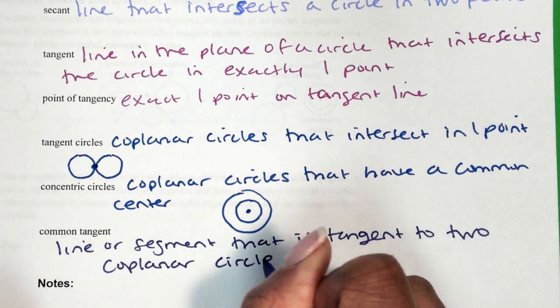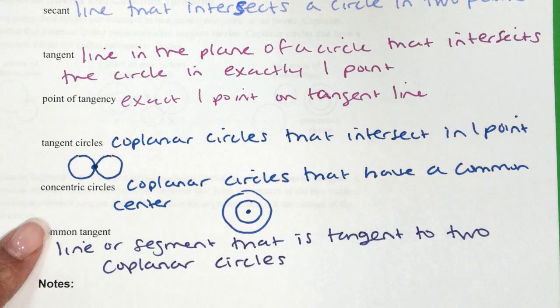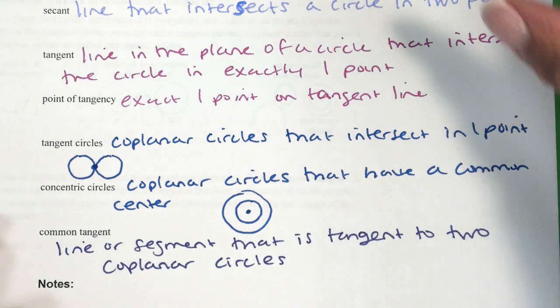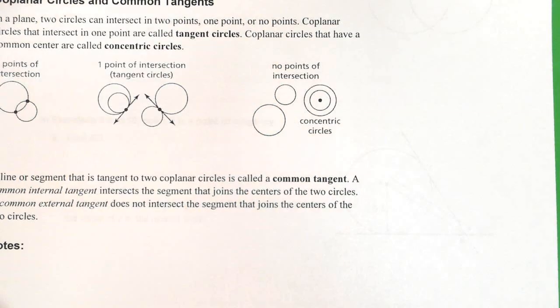And we'll see more visuals of these three on our next page. So, those are our full definitions for circle, center, radius, chord, diameter, secant, tangent, point of tangency, tangent circles, concentric circles, and a common tangent. So, now let's see some examples of these on our next page.